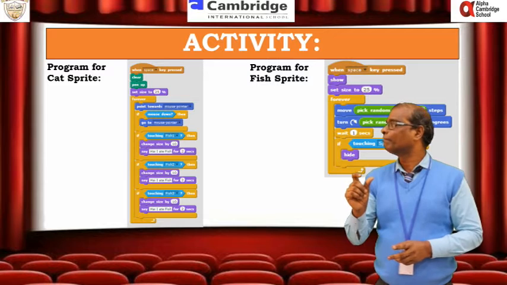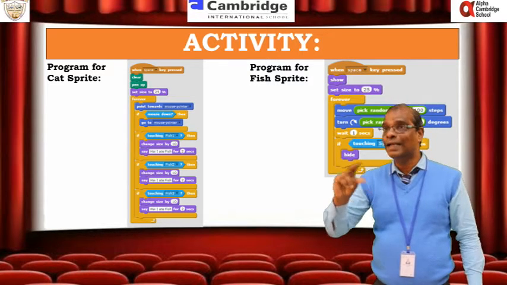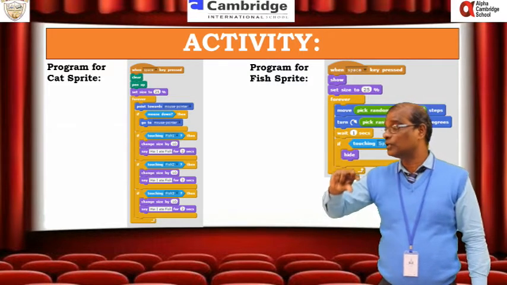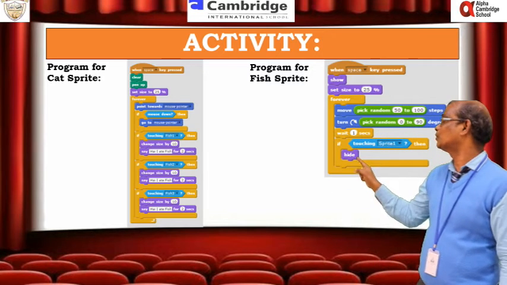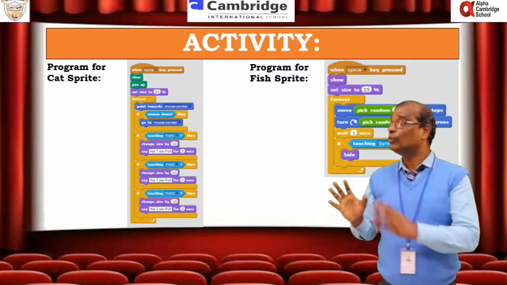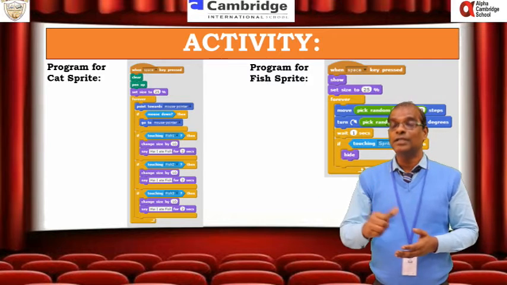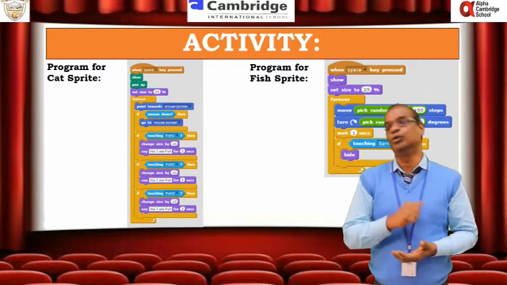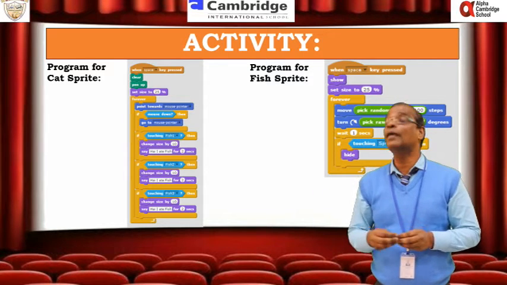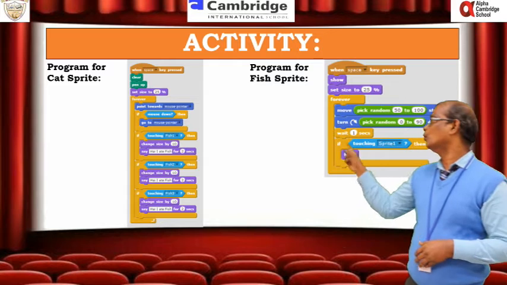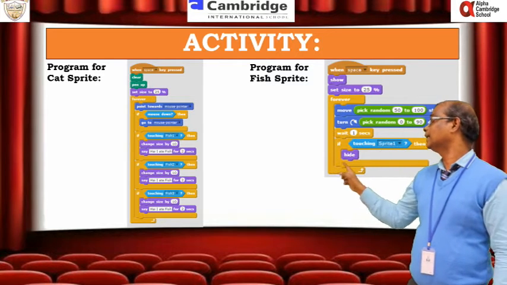So the fish keeps on moving randomly as well as rotating into any degree that lies in between 0 to 90. Now you understand. If you press the space key on your keyboard, the fish will move randomly in a random direction. That is why we are giving move random as well as turn right random.